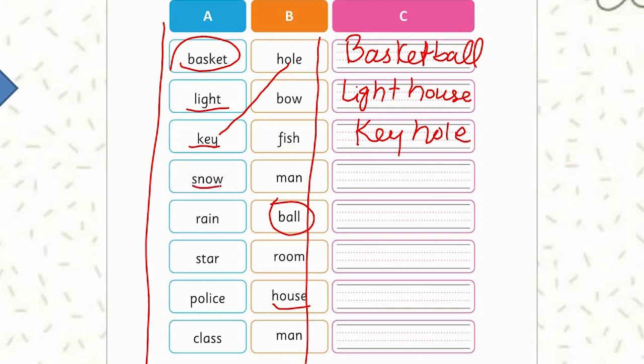The snow. Yes, it's very easy. If you see the remaining option, the bow, the fish, the man, the room, the man here again. Yes, snowman. The rain here, it's very easy. Yes, the rainbow.